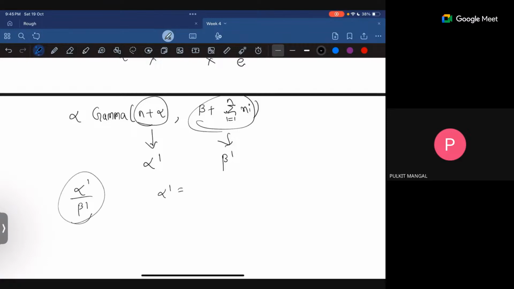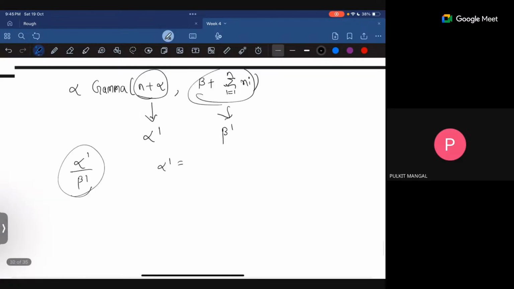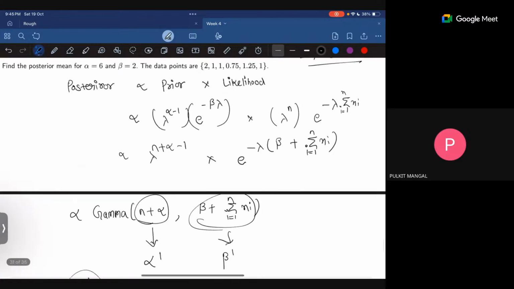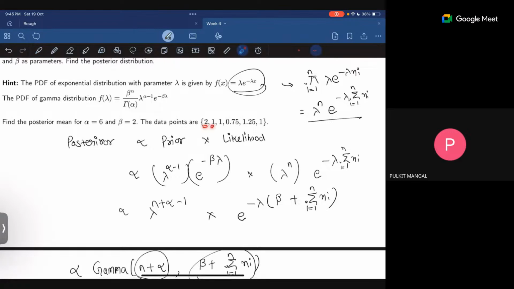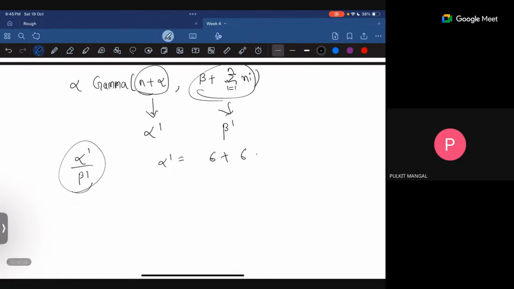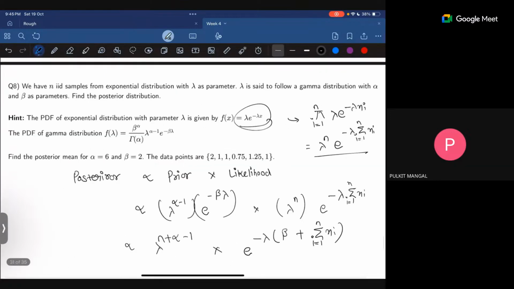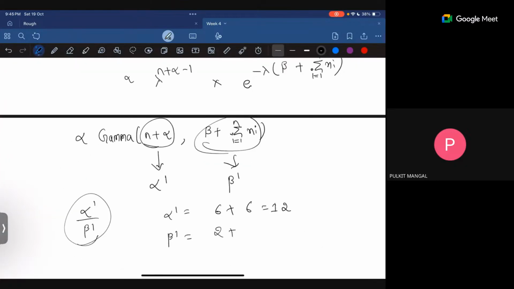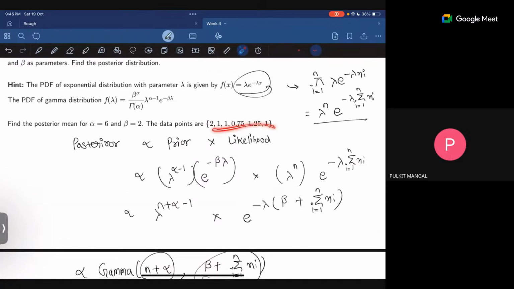So alpha dash: the alpha value is 6 plus the number of data points. So 1, 2, 3, 4, 5, and 6. So that is 12. The beta dash is beta, so it is 2 plus the summation of all the data, which comes to 7.